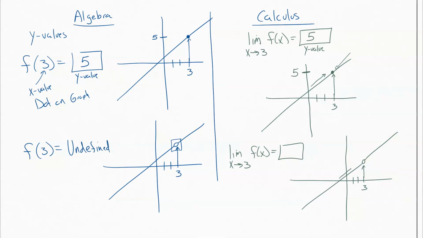Well, the graph looks like it's headed towards that same place. It still looks like it's heading towards 5. And when you're talking about a limit, that's still the answer. The limit doesn't care if there's a dot there or not. A limit just cares what does it look like I'm headed towards. That's kind of the new idea, the nuance behind a limit.